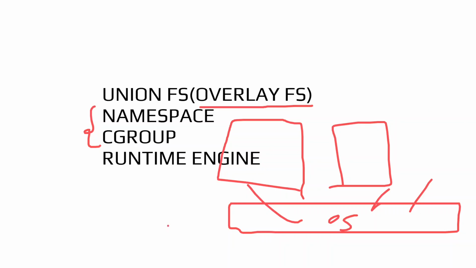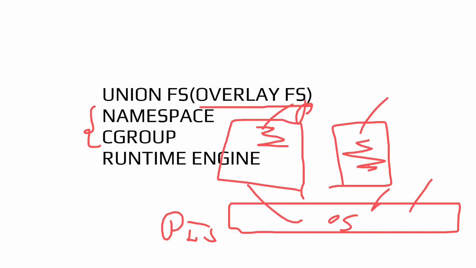Suppose you have process IDs, you can isolate the process ID. You can have a separate process ID for this container, separate process ID for this container. You can have an isolated network stack for this container, for this container as well. Similarly, inter-process communication, isolated host name, and then you can isolate user IDs for both the containers and so on.